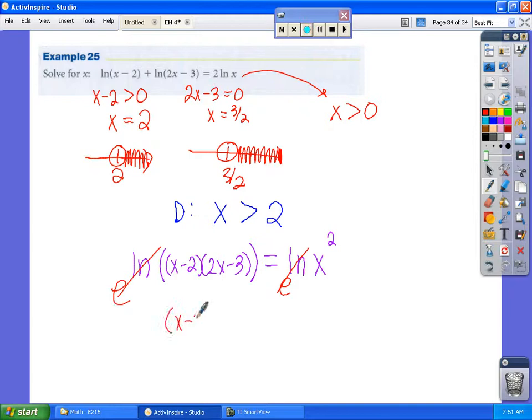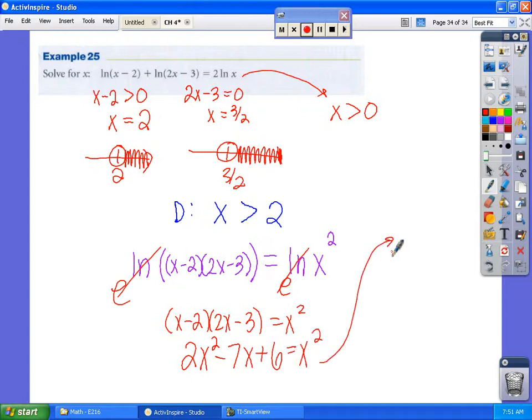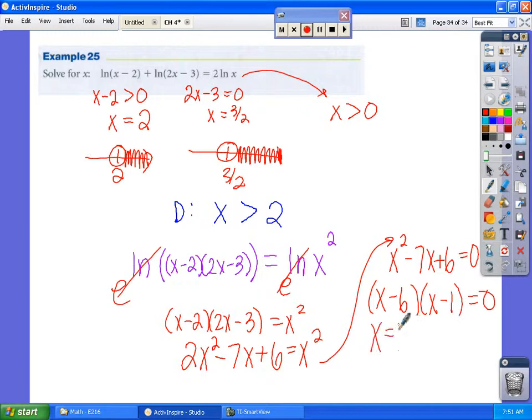So you get x minus 2 times 2x minus 3 equals x squared, and we get 2x squared minus 7x plus 6 equals x squared. We get x squared minus 7x plus 6 equals 0. x minus 6, x minus 1 equals 0. x equals 6, x equals 1, but x equals 1 is not in the domain, so the only answer could actually be x equal to 6.